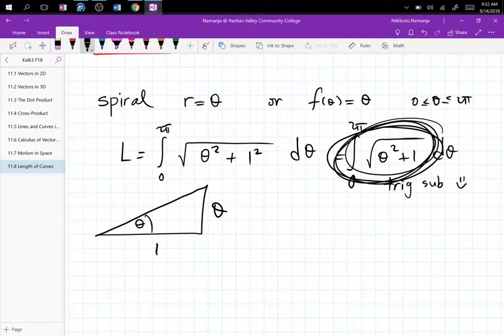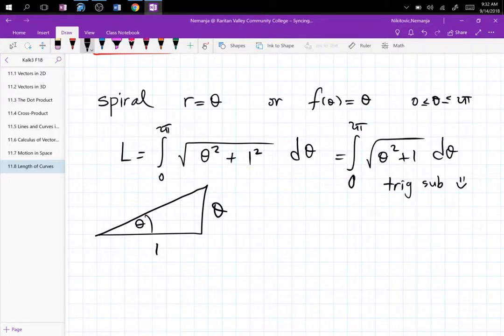If you have a minus under the radical, that means that the first entry would be hypotenuse. That's something that you should know from middle school. So, since I have a plus under the radical, that means that both of these entries are legs, and I just put theta and 1 on legs, making this theta squared plus 1 on the hypotenuse.